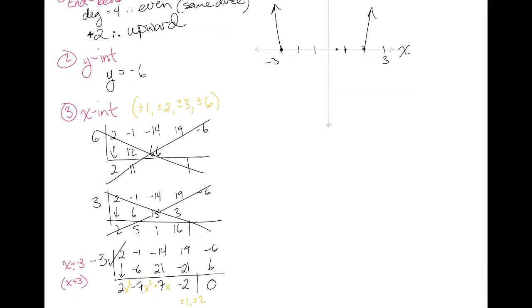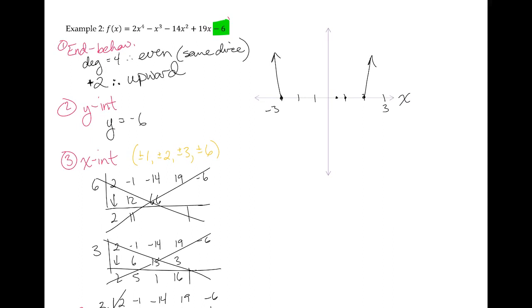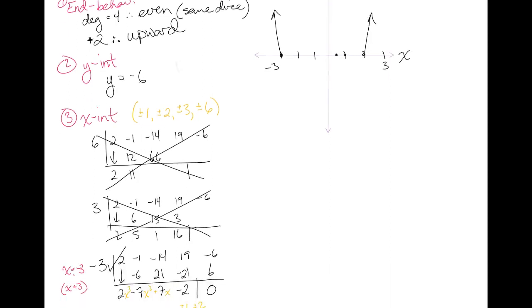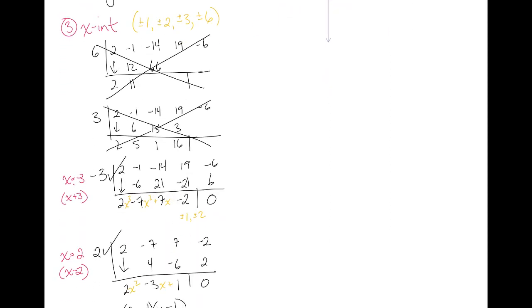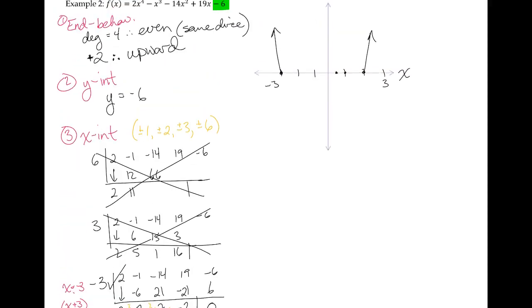Again, you can totally do a sign diagram to help yourself with that. What that would look like would be me checking some values in here and plugging them in. At this point, if I wanted to do a sign diagram, I would probably work with my factored version of this equation though. And so that's where I would go back to what I had here, x plus 3, x minus 2, and then these two pieces down here.